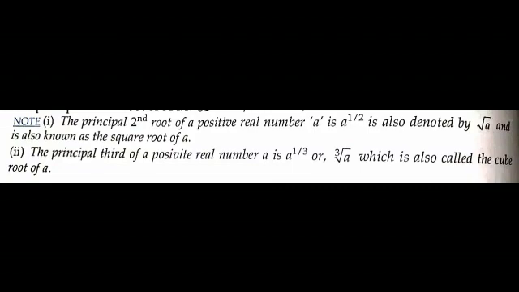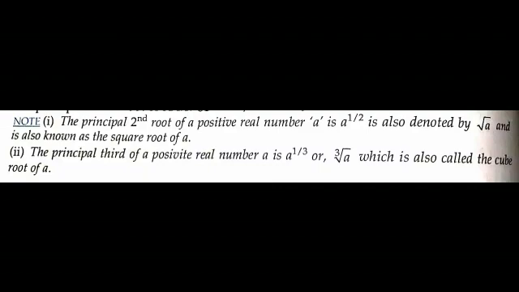In note 1, the principal second root of a positive real number a, which is a to the power 1 by 2, is also denoted by root a and is also known as the square root of a.